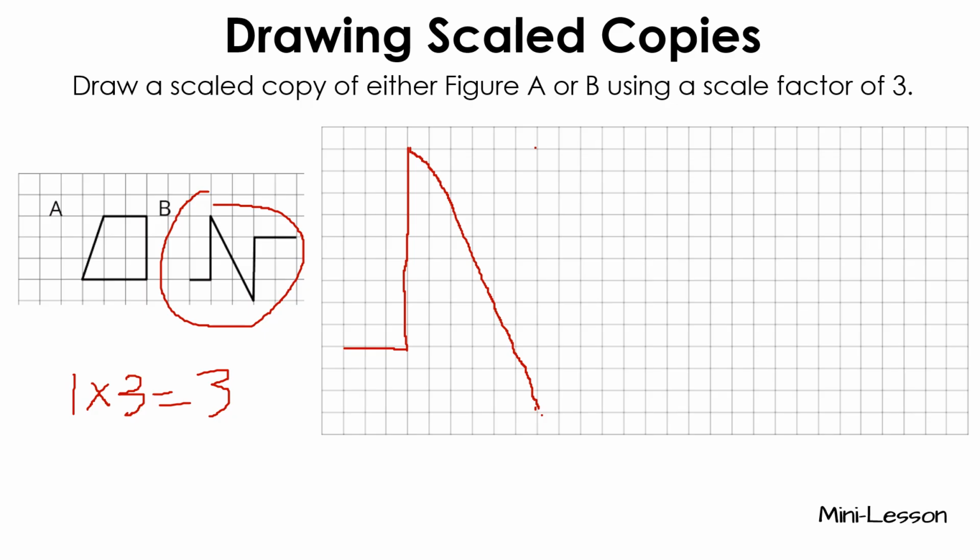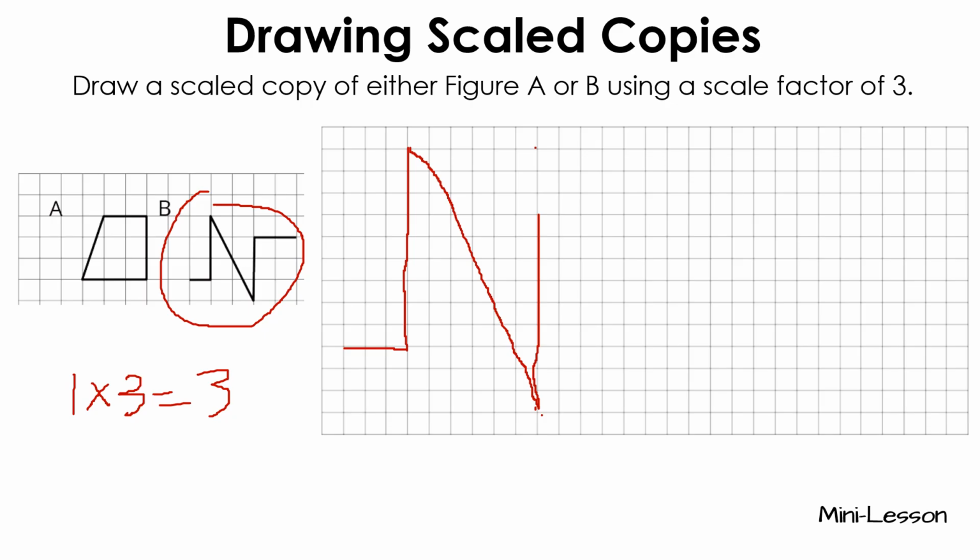And now we're going to count this line here. So we're going to go 1, 2, 3. And we're going to apply the scale factor of 3. And 3 times 3 is 9. So we're going to go up 9 from here. 1, 2, 3, 4, 5, 6, 7, 8, 9. And we're here on this line.